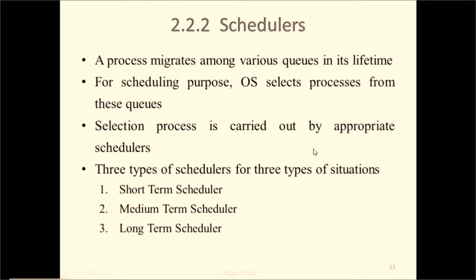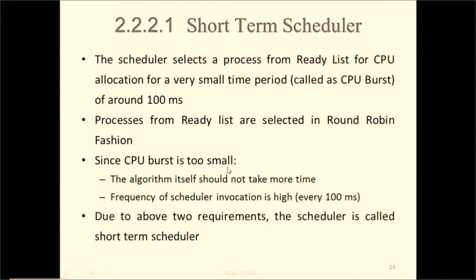Now if the execution time is less, it is a normal expectation that the algorithm time of execution should also be very less. So the algorithm itself should not take a longer amount of time. In other words, this has to be one of the most efficient algorithms of the operating system. Second, frequency of scheduler invocation is high. So after every 100 milliseconds, the short-term scheduler is called upon.